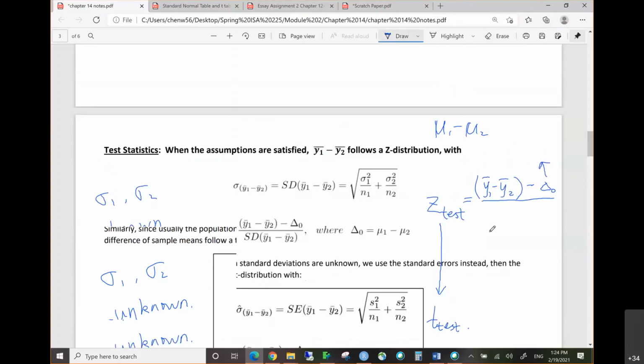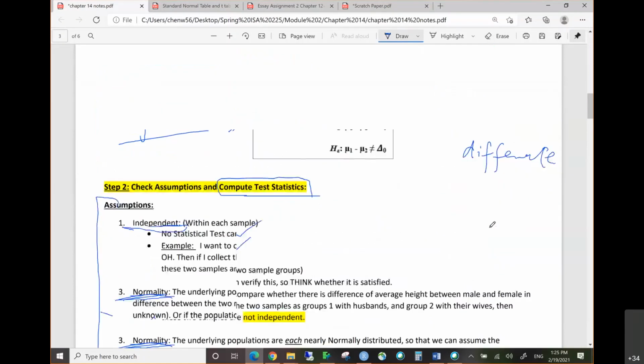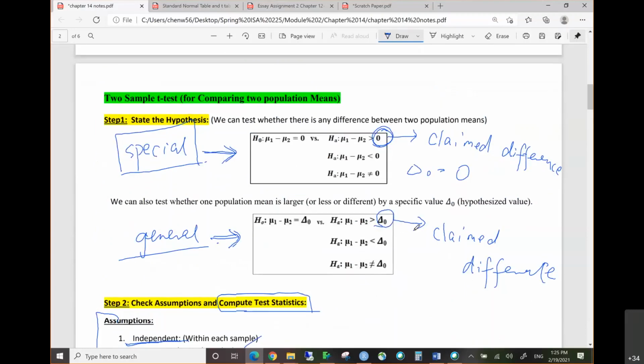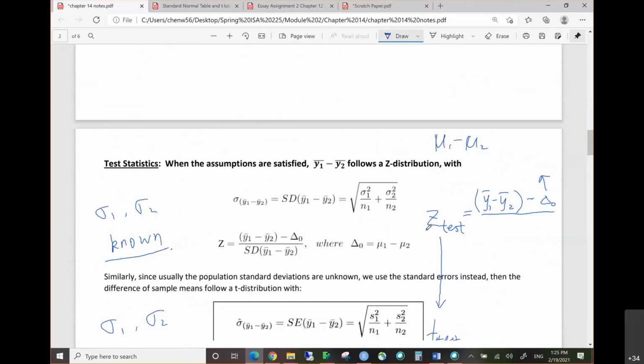In our step 1, delta 0 is the claimed difference we want to test. Right? It's the value in our hypothesis. We call it the claimed difference. All right? And then divide by the standard deviation of y1 bar minus y2 bar. So what is that? Sigma 1 squared over n1 plus sigma 2 squared over n2.